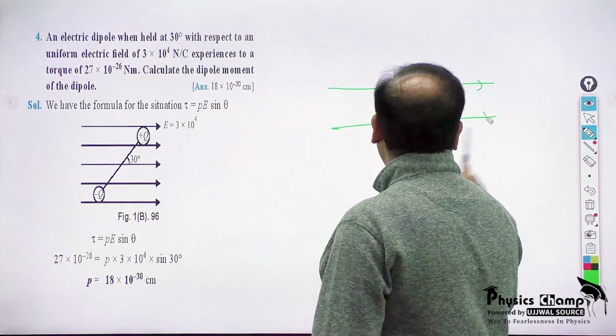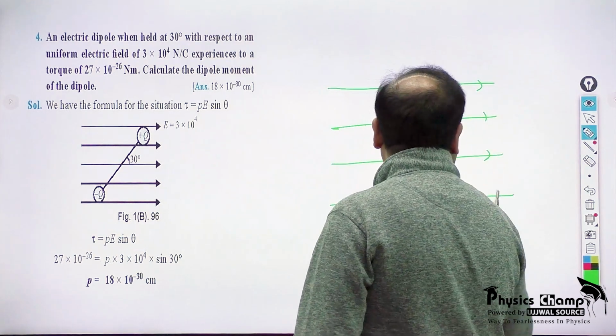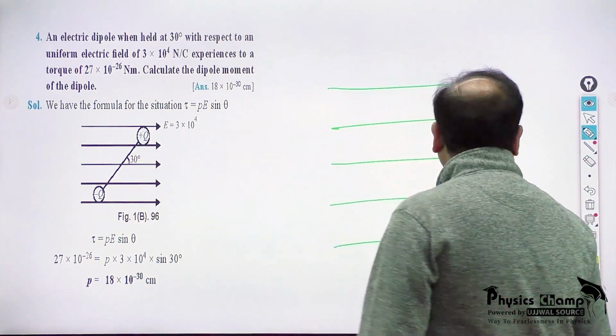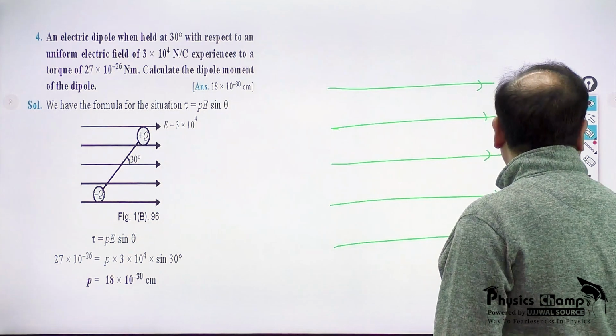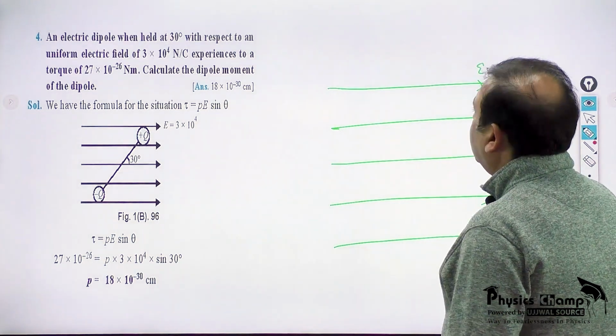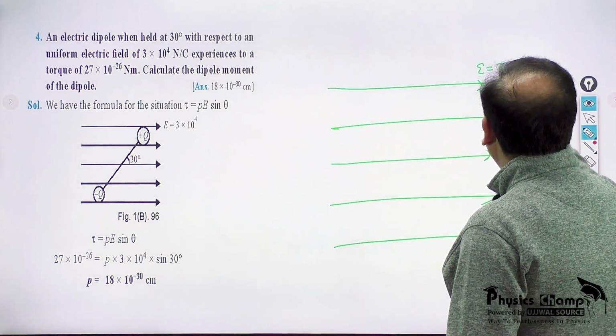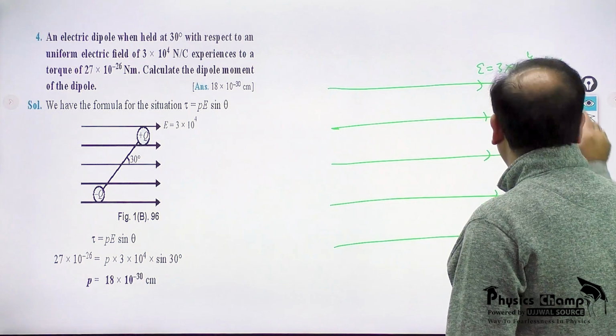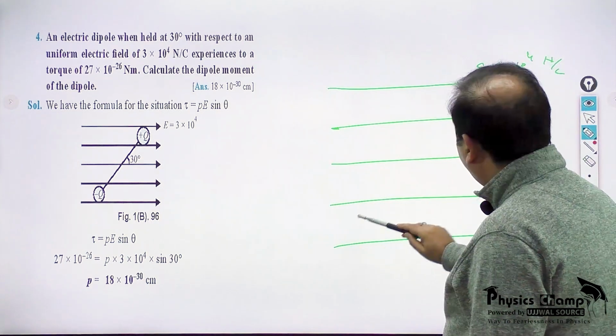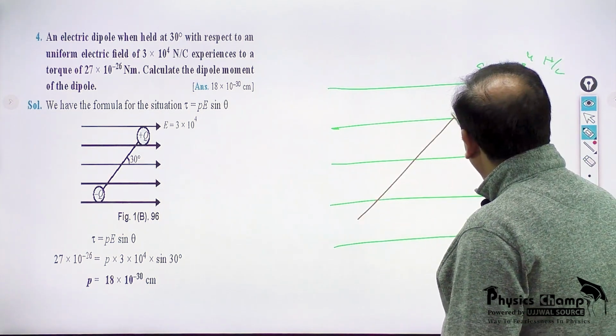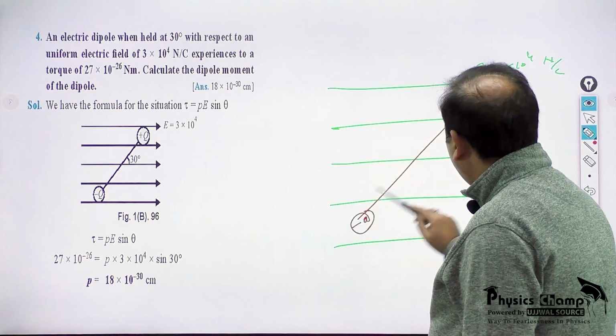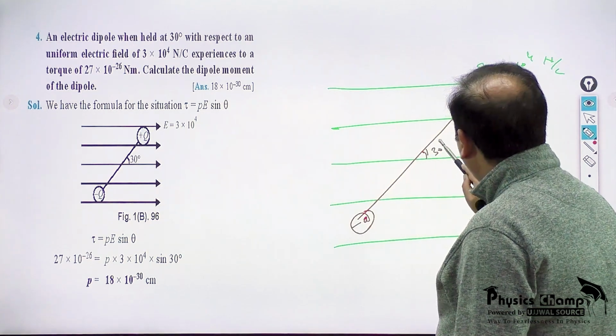So there is a uniform electric field, and in this uniform electric field, which has a value of 3 into 10 to the power 4 Newton per Coulomb, there is an electric dipole, and this electric dipole is kept at 30 degree.